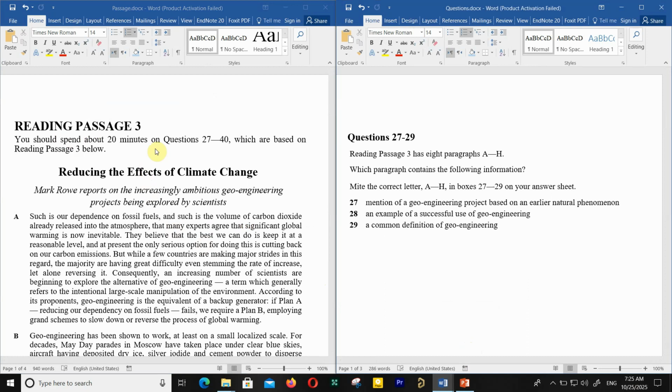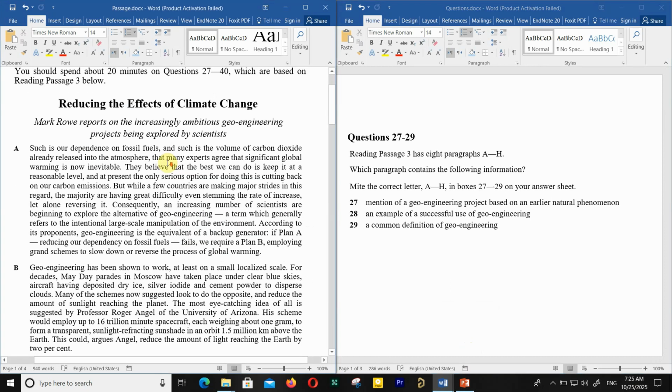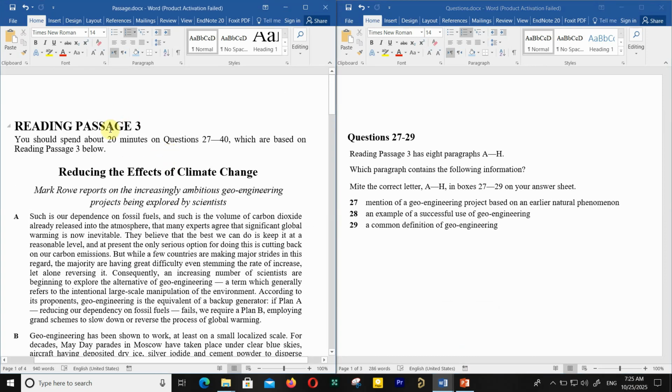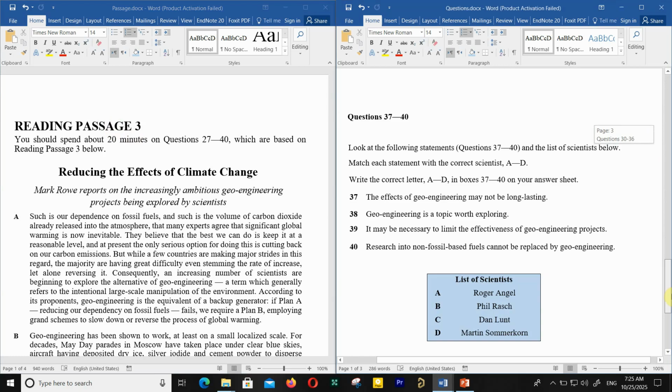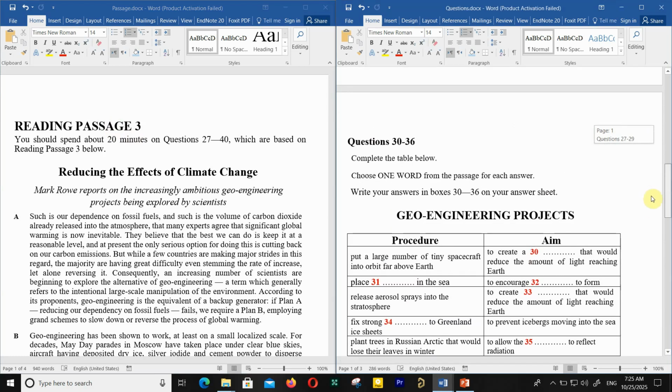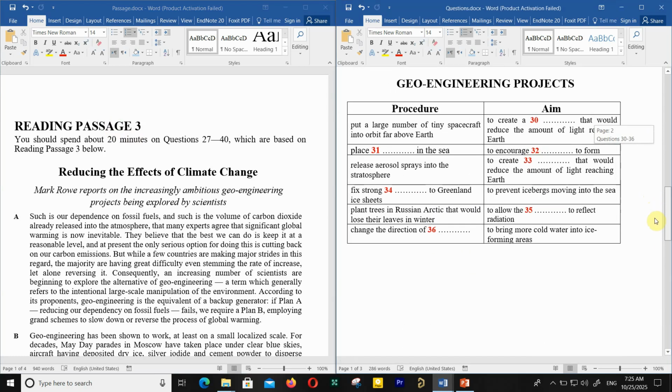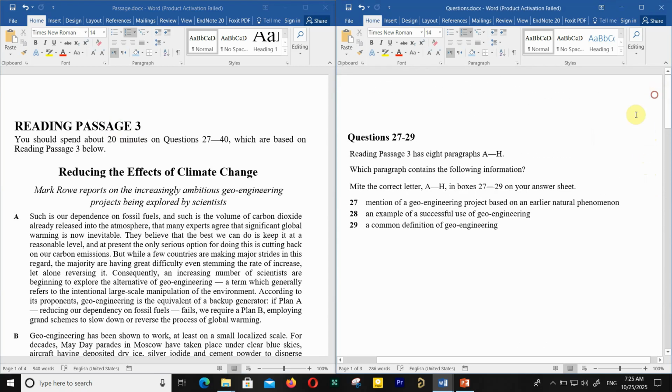On the left hand side you can see the passage of reading passage 3, and on the right hand side you can see the questions of this passage. So normally passage 3 are difficult ones, but this passage is not so difficult if you know how to deal with it and know the strategies. Questions 27 till 29, it's some kind of matching headings.